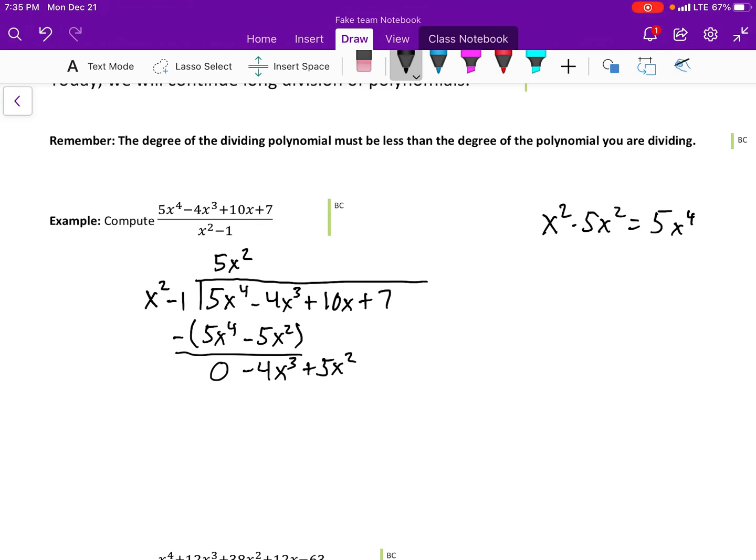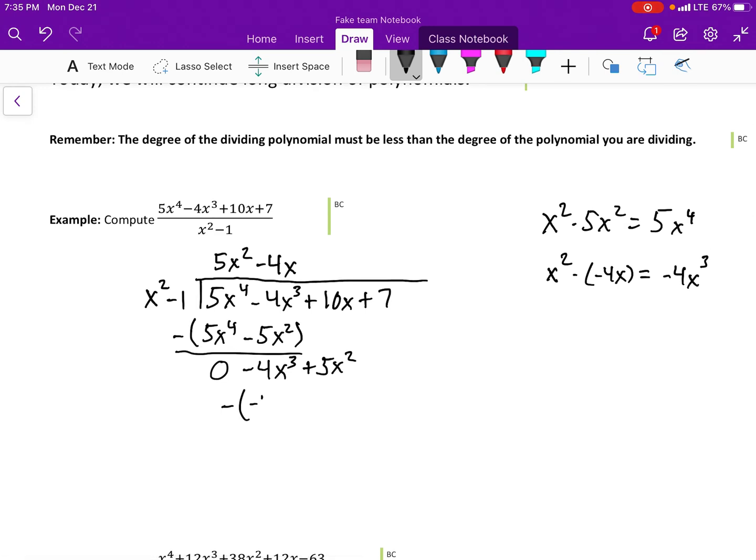And I want to say, okay, what value do I have to multiply x squared by to get negative 4x to the third? Well, if I do x squared times negative 4x, then that's going to give me negative 4x to the third power. So I want to have minus 4x up here. So now when I multiply x squared times negative 4x, that's minus 4x to the third.